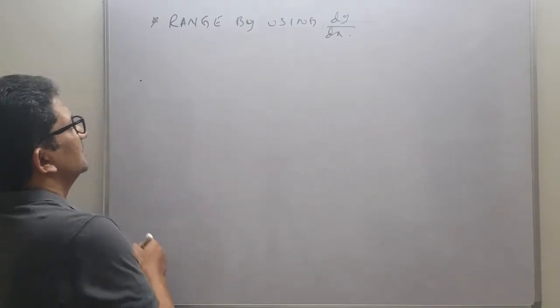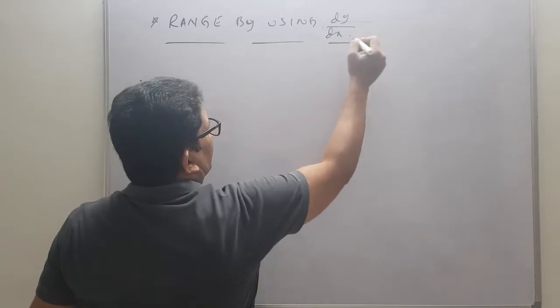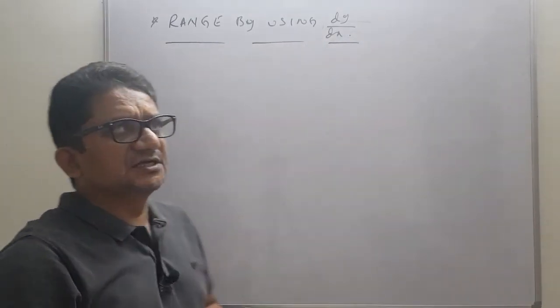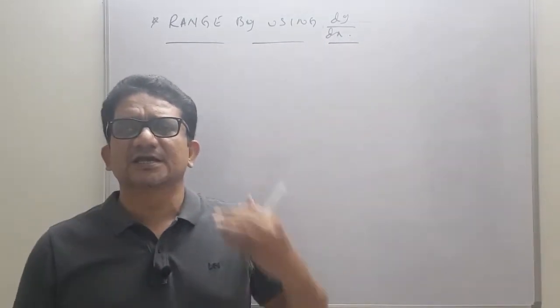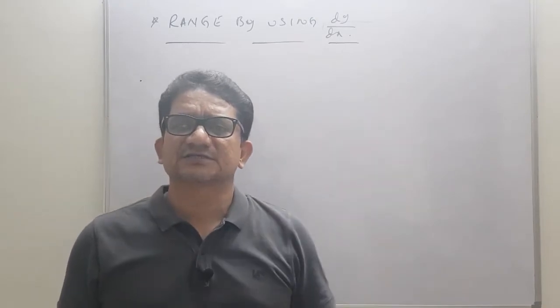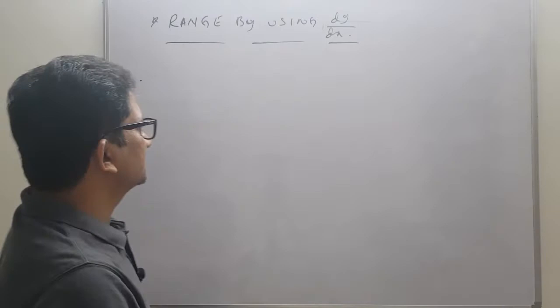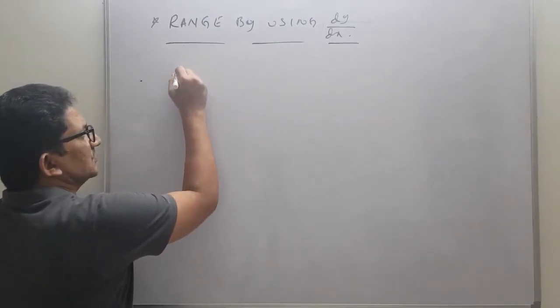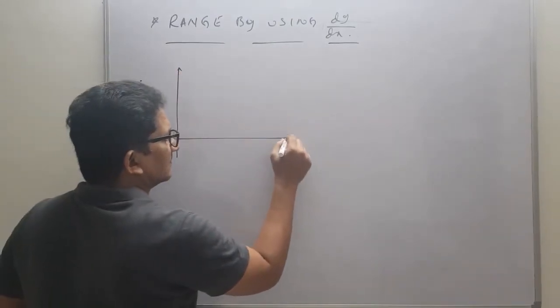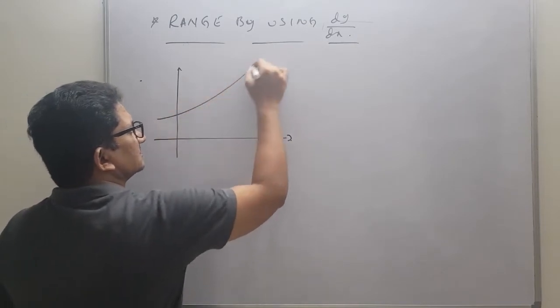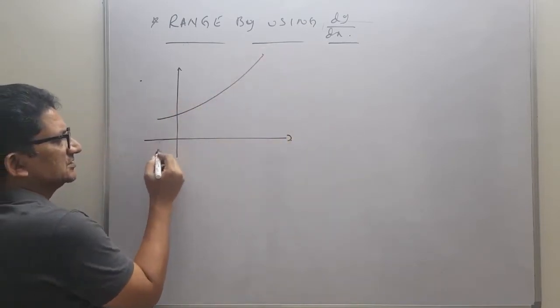We know that we have functions of majorly three different types: increasing functions, decreasing functions, and neither increasing nor decreasing functions. Suppose this function is increasing throughout its domain.